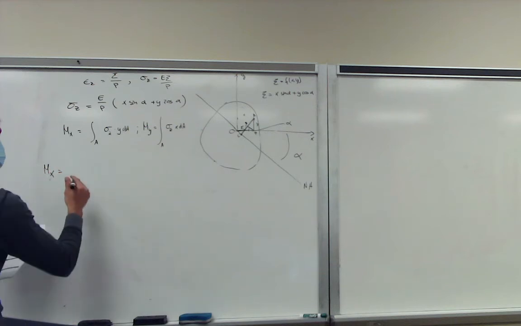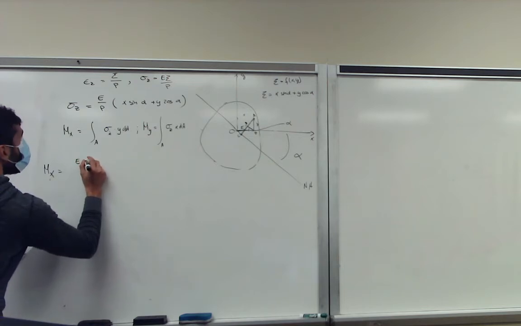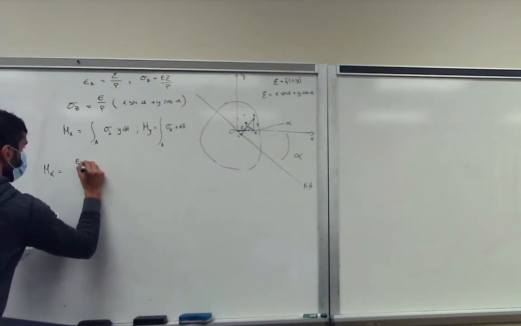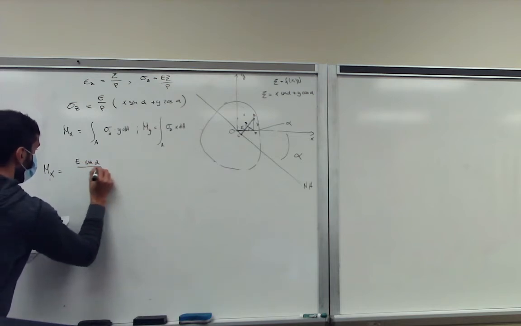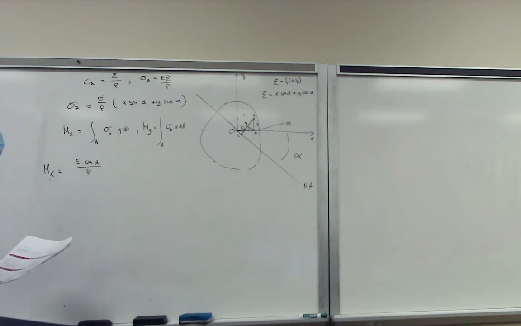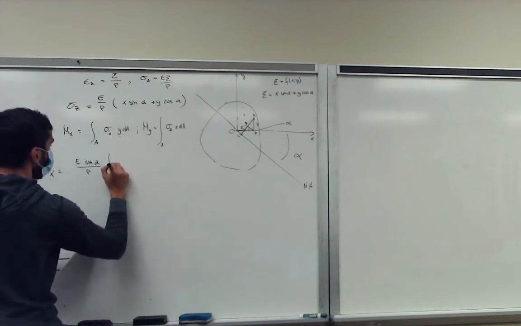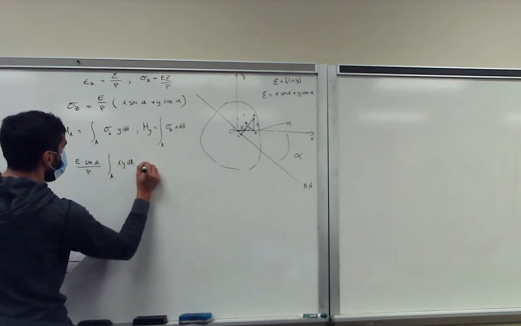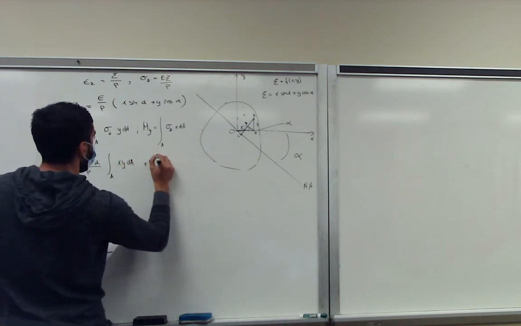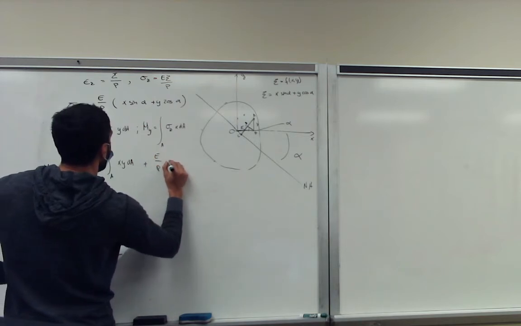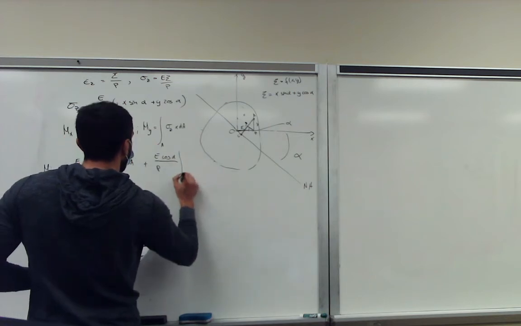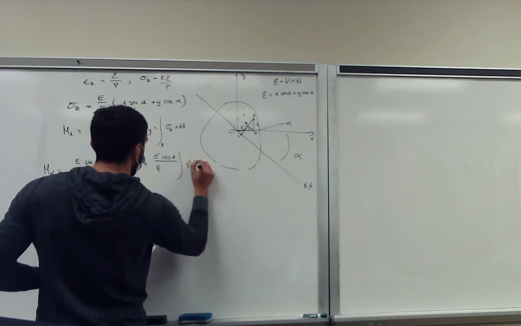to E sine alpha over rho, and what we get is the integral of xy dA, plus E over rho cosine alpha, integral of y squared dA.